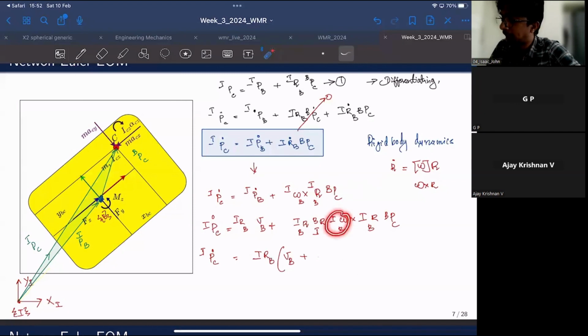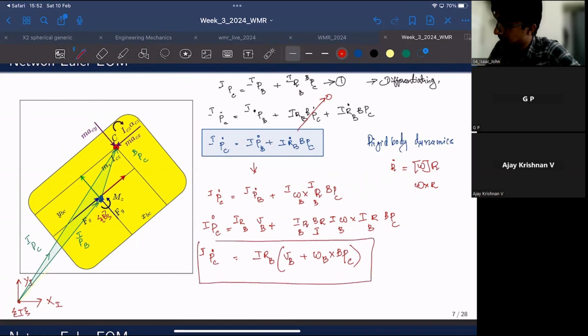Here it was with respect to I, and due to the pre-multiplication of rotation matrix here, it will be omega B with respect to B. And you can represent it simply like omega B, cross position vector of C with respect to B. So yes, this is your expression for velocity. I'll label this as 2.